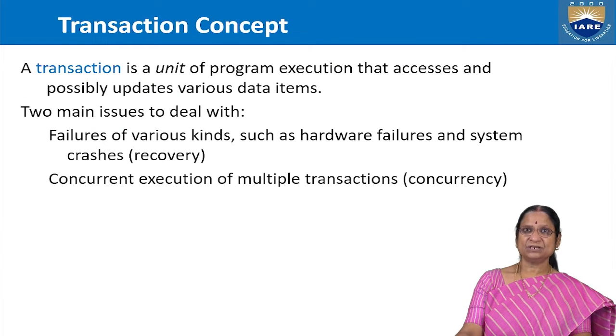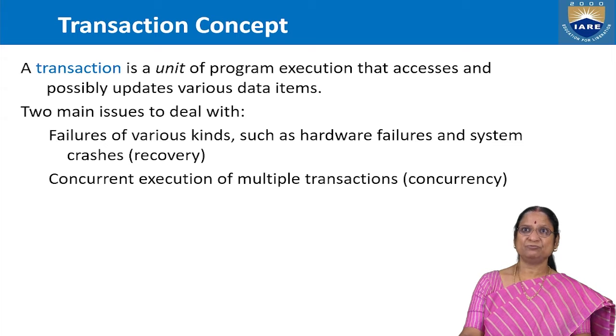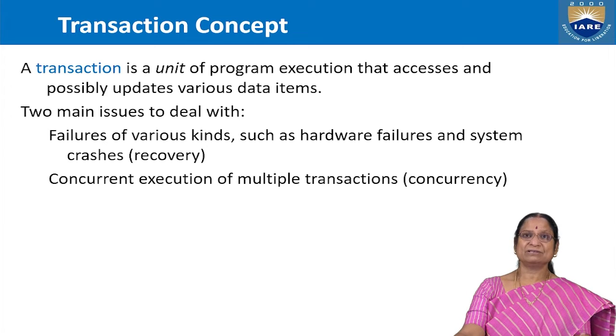So what is a transaction? We define a transaction as a unit of program execution that accesses and possibly updates various data items. Generally, transactions in database management systems execute simultaneously, because that is the basic definition of a database, with simultaneous users.